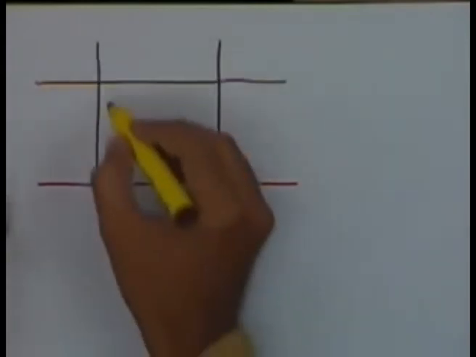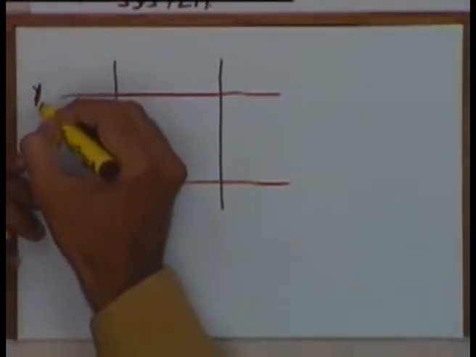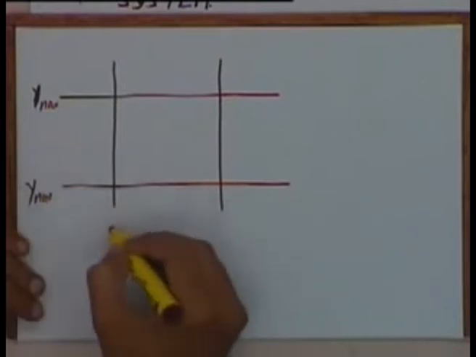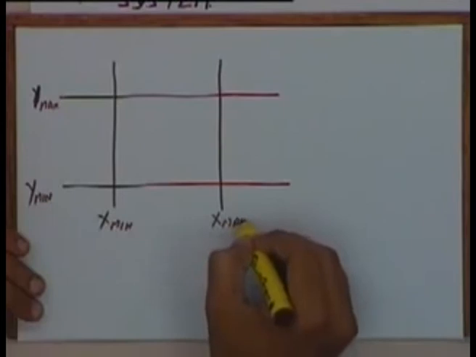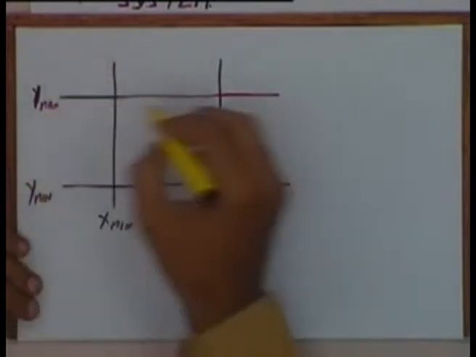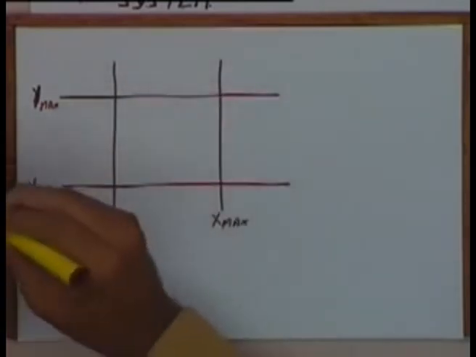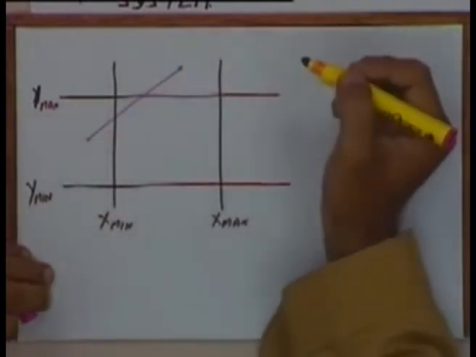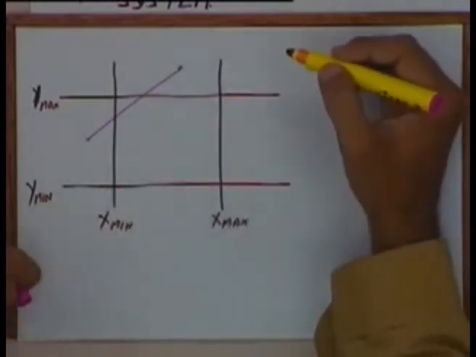If this is the window, if these are the four boundaries of this window, what we have to ensure is an edge like this should get clipped at these two intersection points.